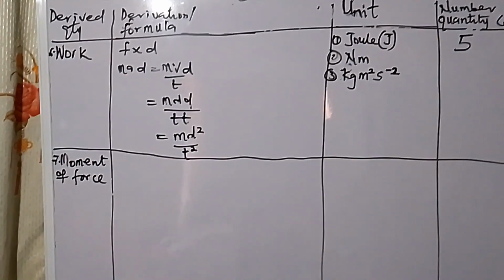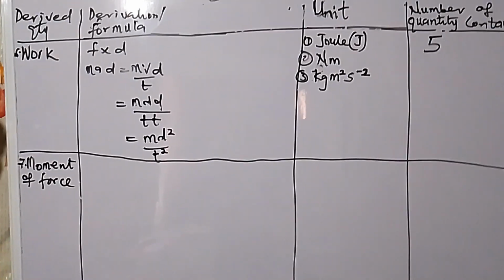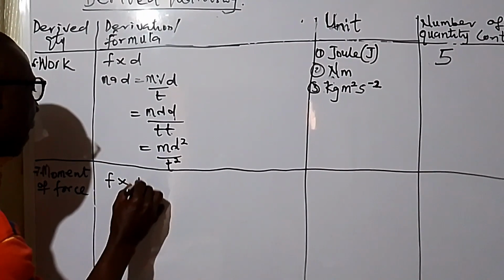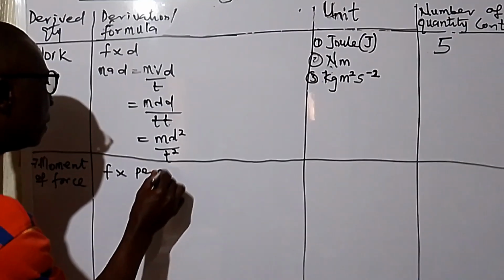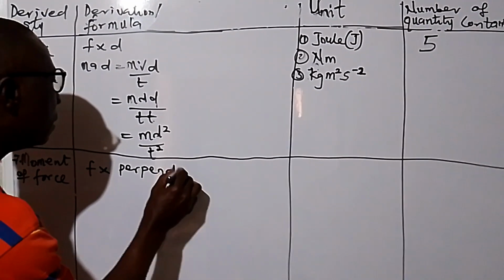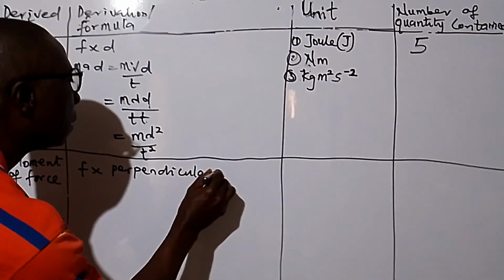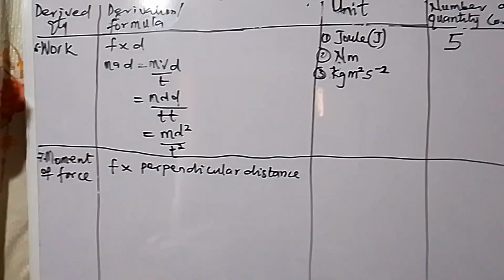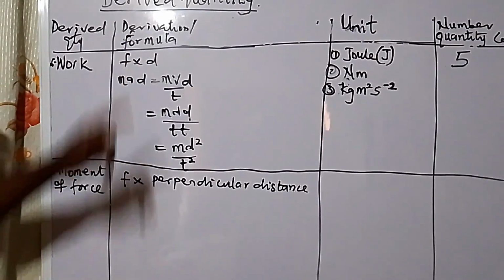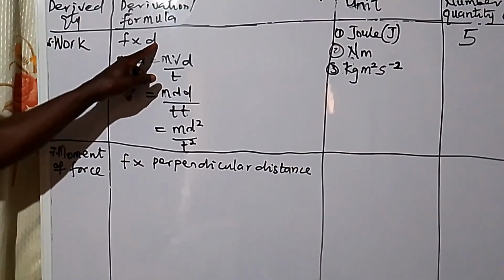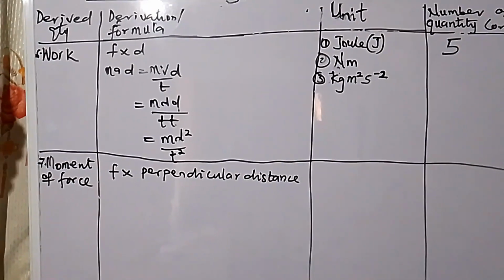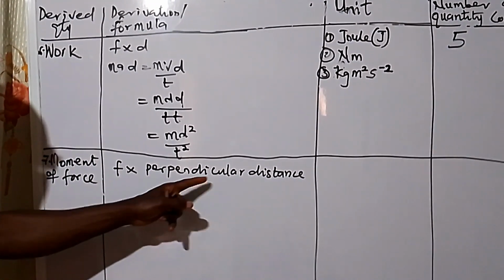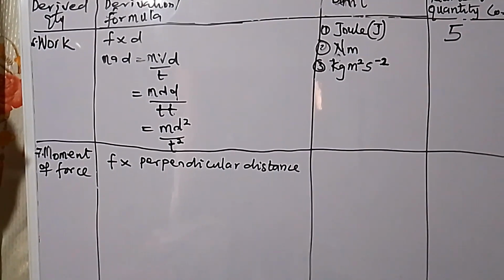Now, the formula for moment of force is force multiplied by perpendicular distance. Mind you, when you say work, the distance there is horizontal distance, while for moment of force, its own distance is perpendicular distance.